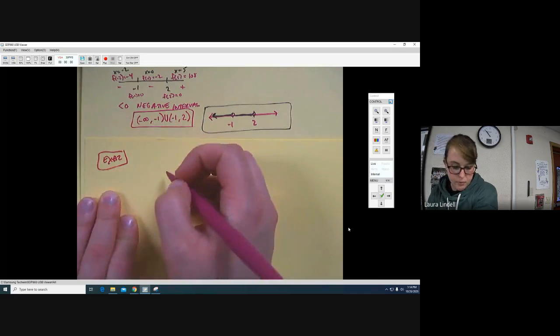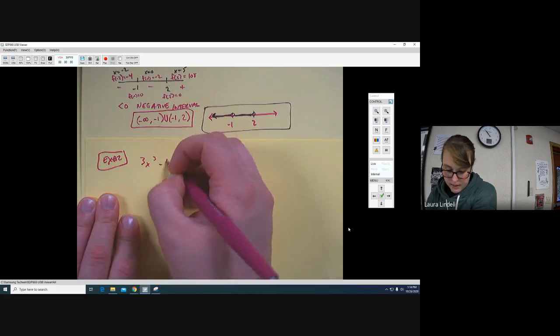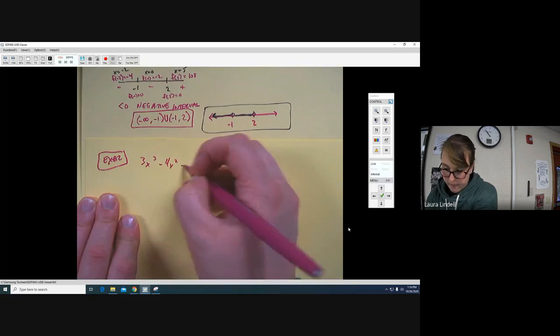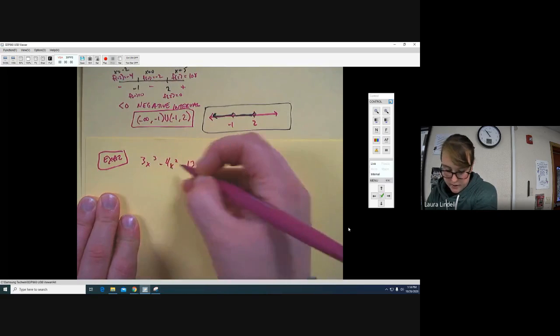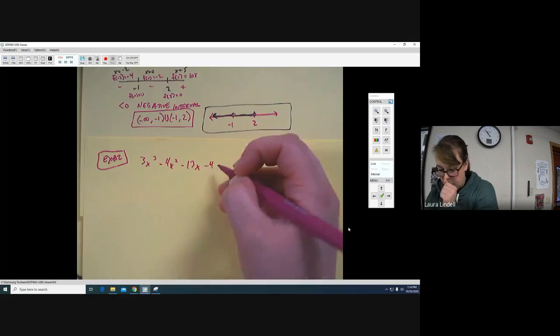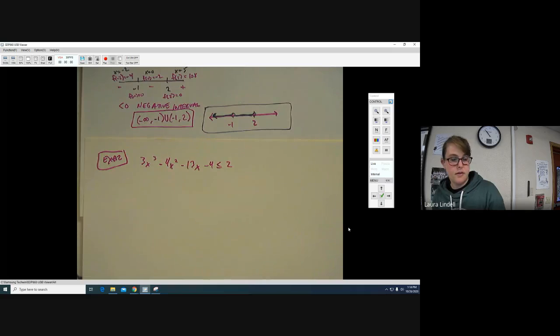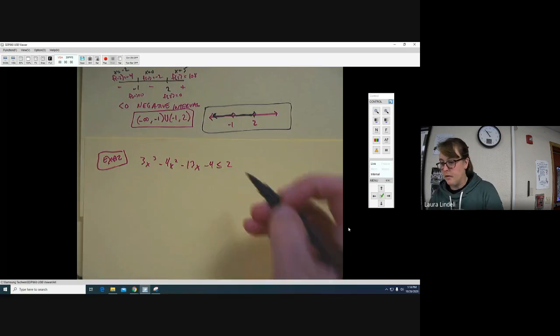So second example, we are doing 3x to the third minus 4x squared minus 13x minus 4 is less than or equal to 2. Okay, so just like with Friday, our first step is to get a 0 over here.